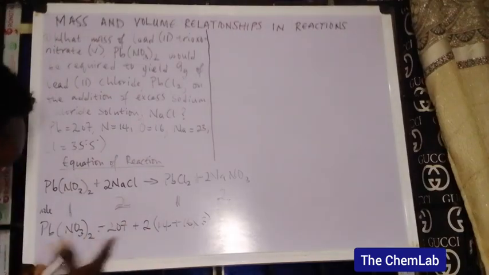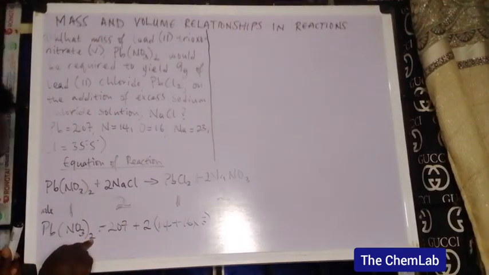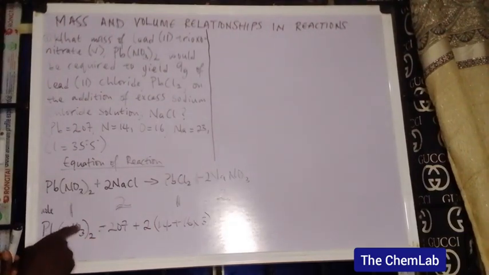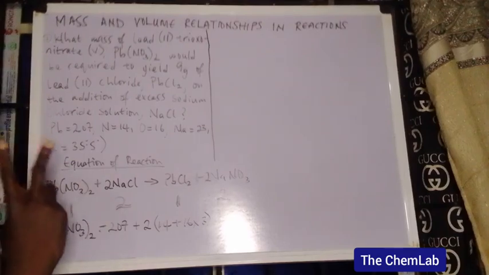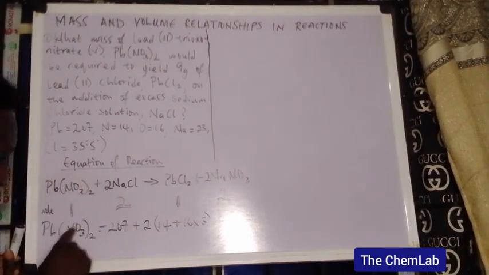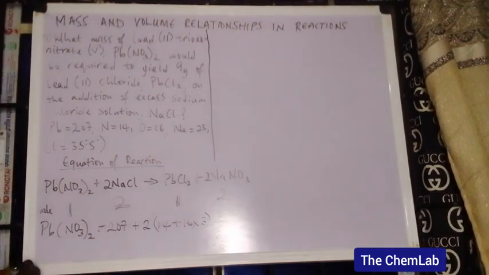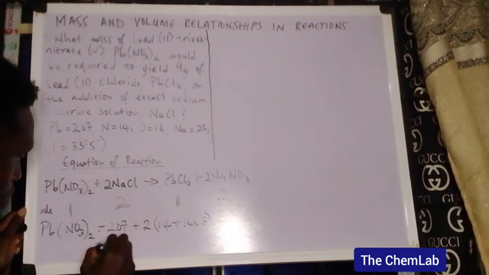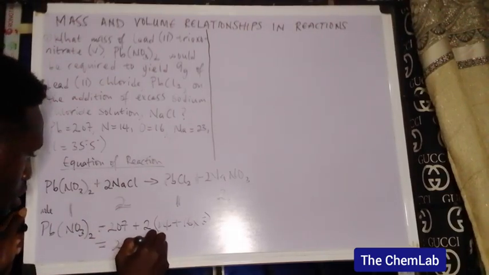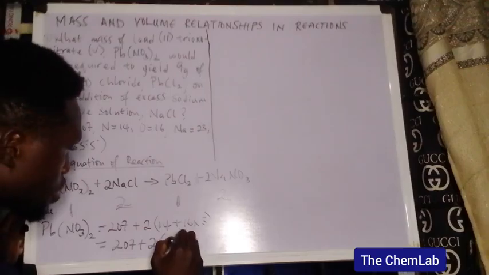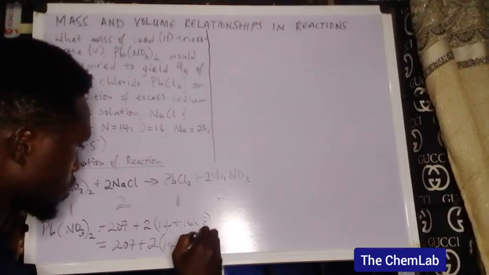Now this 2 here is there because NO3 appears twice. That's why we have the 2 out here, and we're using it to multiply everything inside the bracket. So we have 207 plus 2 times, 14 plus 16 times 3, which is 48.